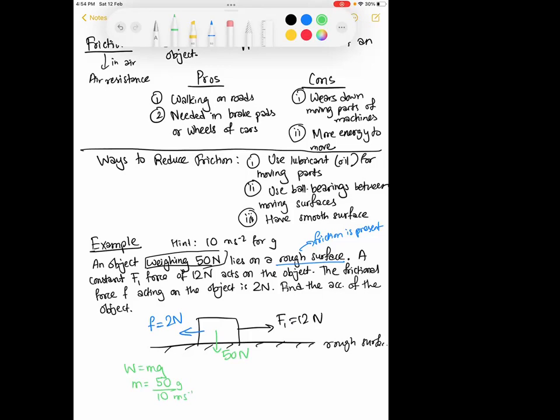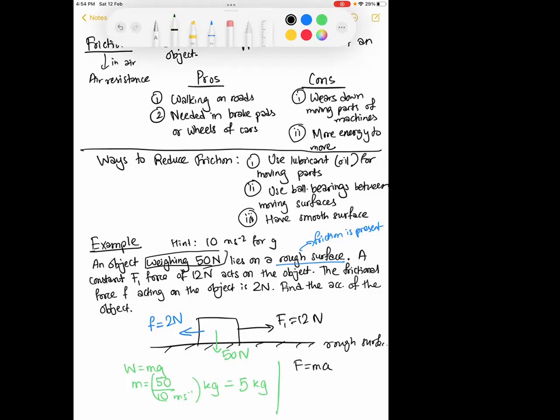Now, you have to remember that in this formula, whatever you get is not g. This is going to be kg, okay? So that gives you 5 kilogram. And then using your formula, you have F equals ma.